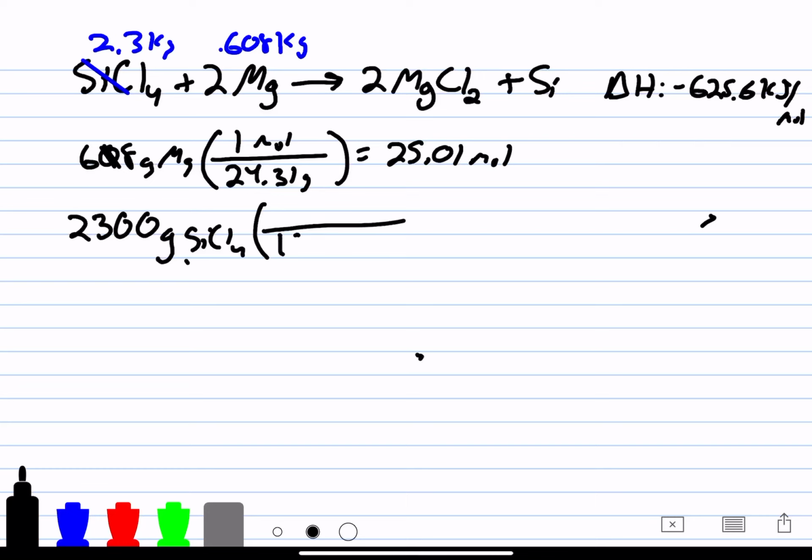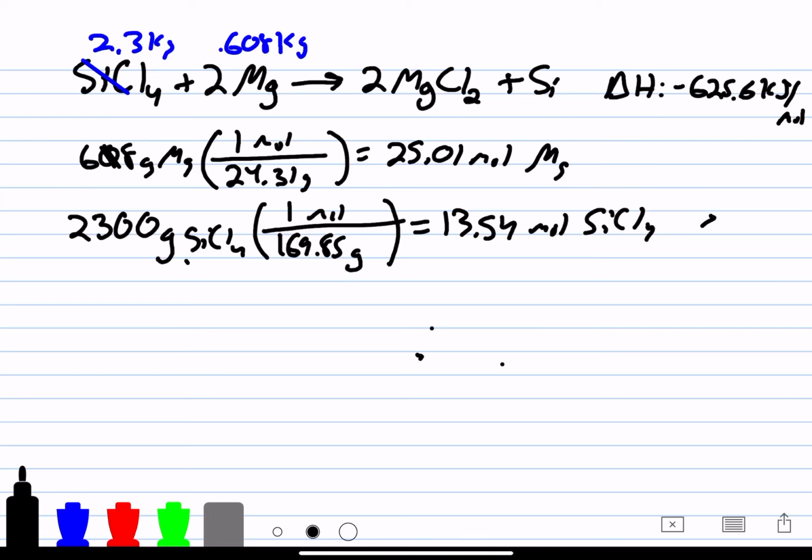This weighs 169.85 grams per 1 mole. That is going to give us 13.54 moles of SiCl4. So, now to find out which one is limiting.